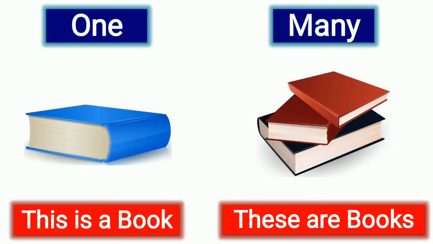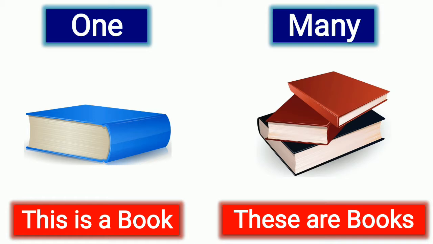Now children, can you tell me how many blue color books do you see in this picture? Only one. And how many other color books are there? 3. So children, when one thing is there, we can say this is a book.